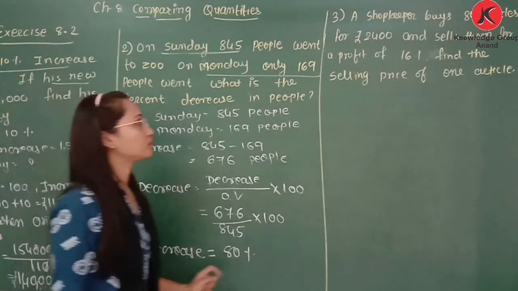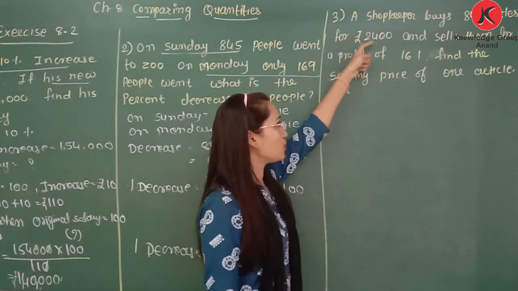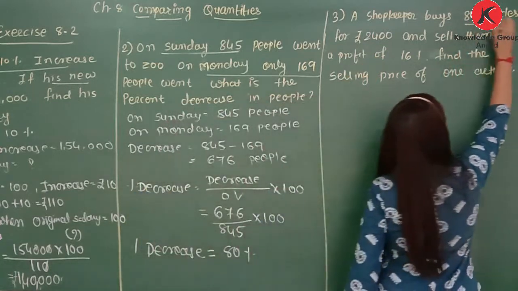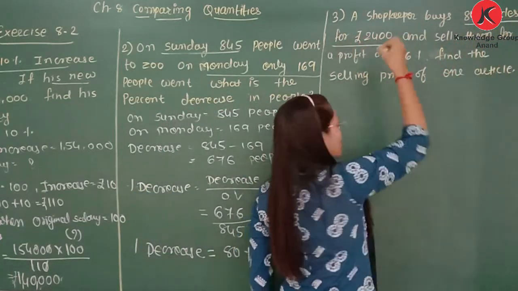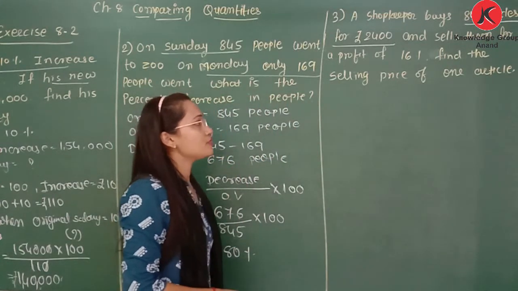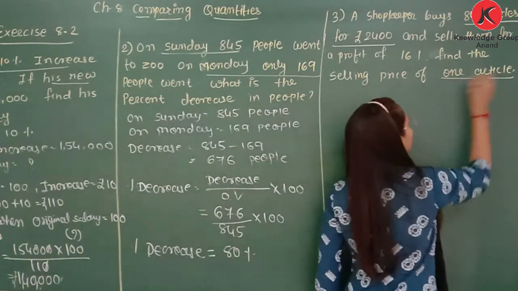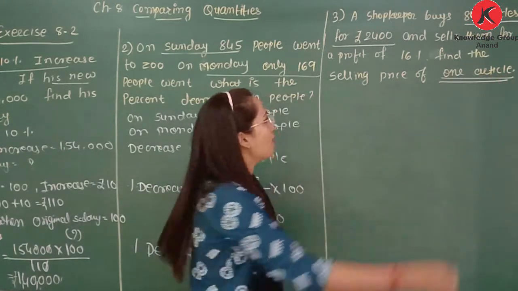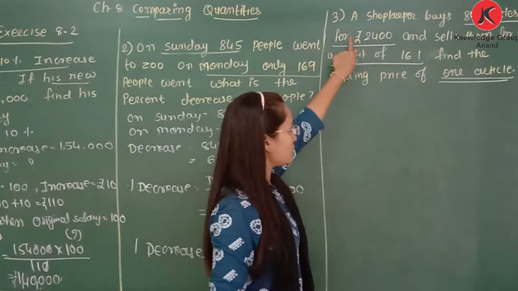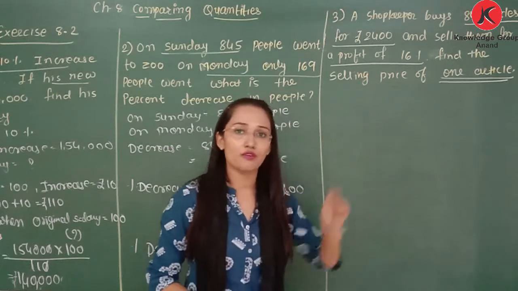Now the next one. A shopkeeper buys 80 articles for rupees 2400 and sells them for a profit of 16%. Find the selling price of one article. Profit is given, 16%. So here the cost price of 80 articles is given and you need to find the selling price of one article.